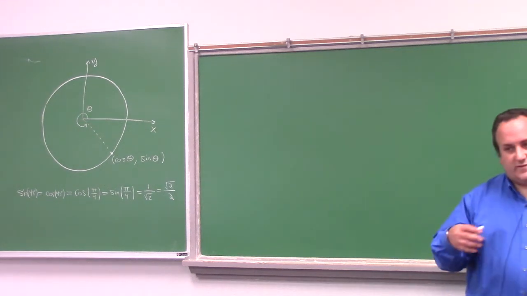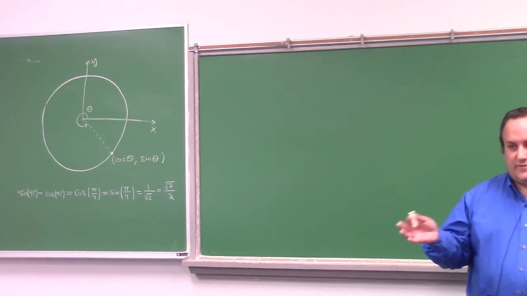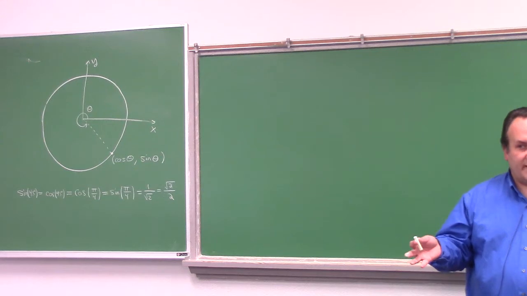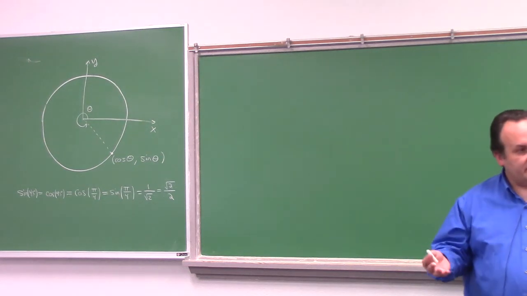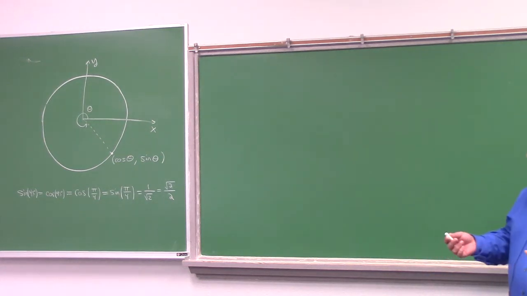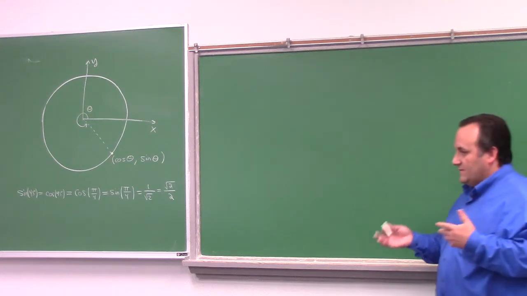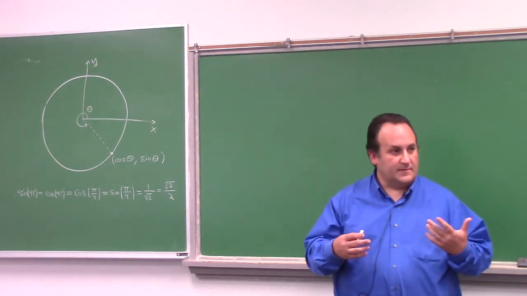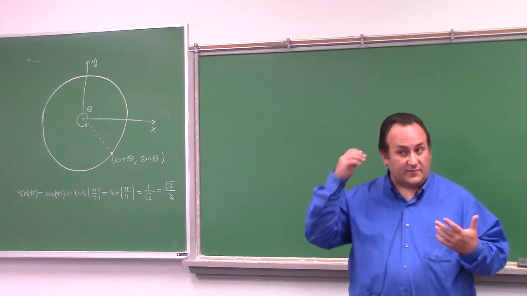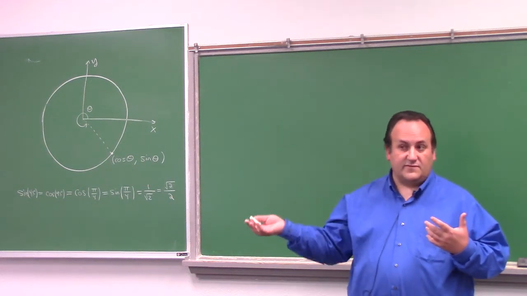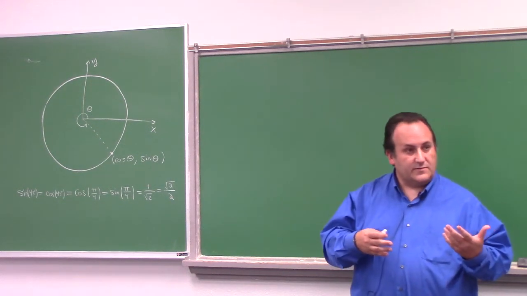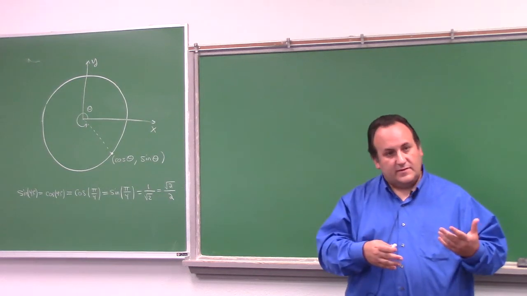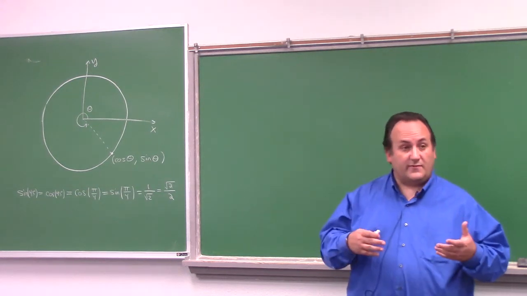Okay, so what are the special angles that we're all supposed to know, sine and cosine of the special angles, by heart, without a calculator? The special angles are, of course, 0 and pi over 2. We also figured out sine and cosine of pi over 2 and 0. Cosine of 0 is 1, sine of 0 is 0, sine of pi over 2 is 1, cosine of pi over 2 is 0.